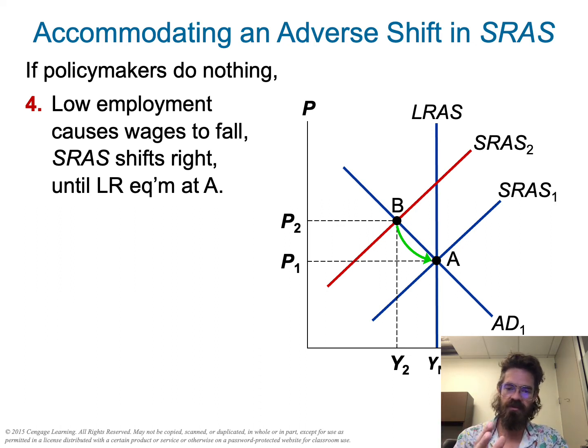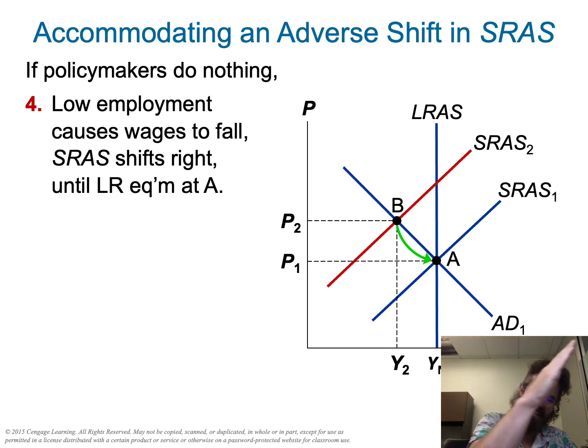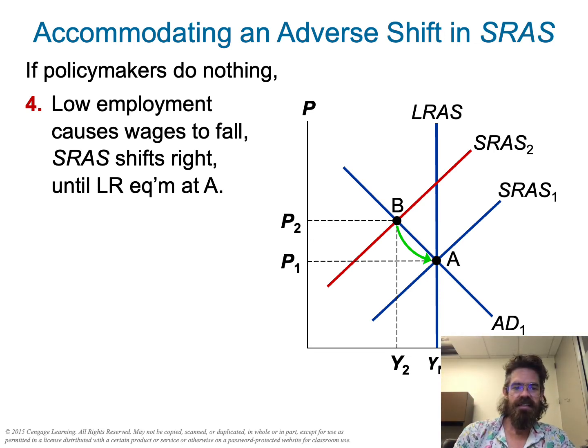So when we have a recession, there's higher unemployment, which means there's pressure for wages to stay flat or potentially even fall. And so when wages stay flat or fall, it becomes easier to produce stuff because labor is cheaper, or at least not getting more expensive. And that's what shifts the short run aggregate supply curve to the right. There we go. Okay.